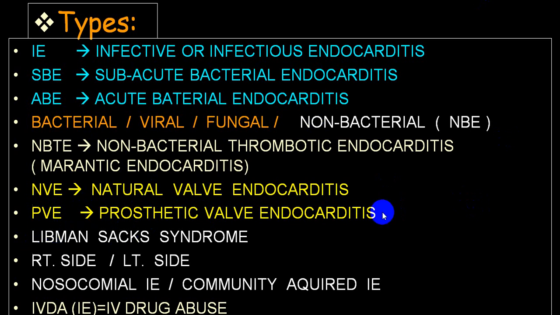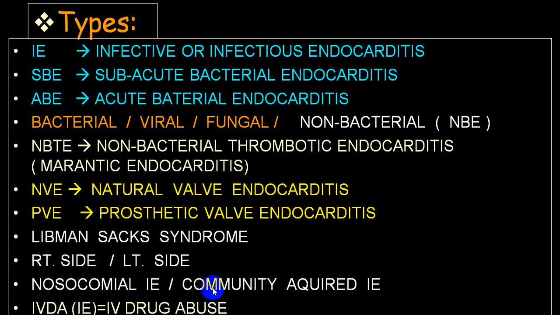If it is occurring on the mitral valve and tricuspid valve, if it is on the tricuspid valve, it is called right side endocarditis, and if it is on the mitral valve, it is called left side endocarditis. If it is secondary due to some procedures, it is called nosocomial infective endocarditis.